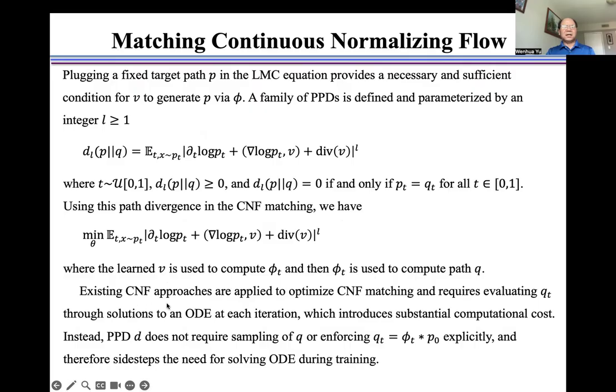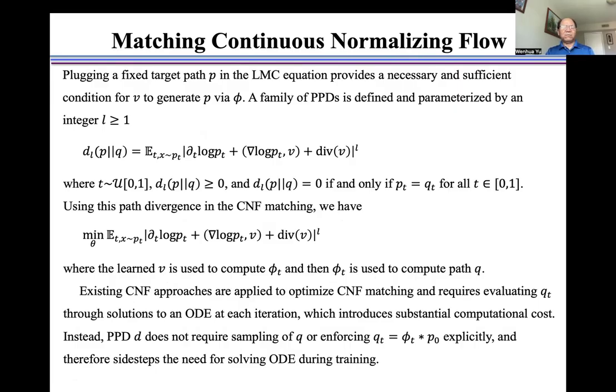Existing CNF approaches applied to optimize CNF matching require evaluating Q_t through the solution to an ordinary differential equation at each iteration, which introduces substantial computational cost.